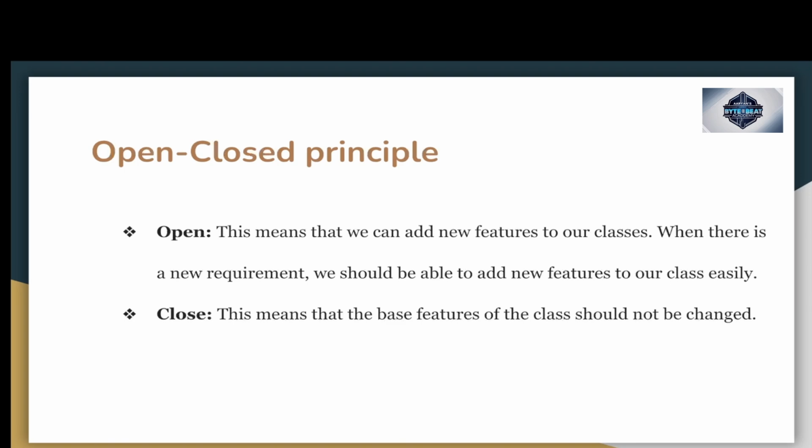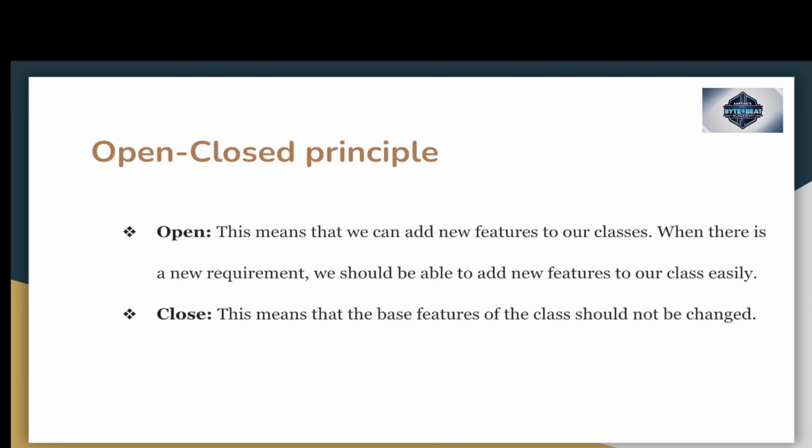Take an example: you bought a new car and you want to add some accessories to that car. It means you are not modifying the basic feature of the car, that is driving on the road, but you are adding certain accessories. The open close principle says the same thing.